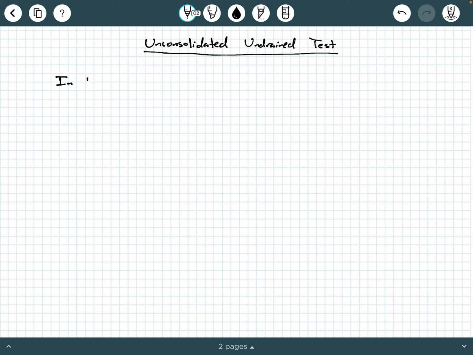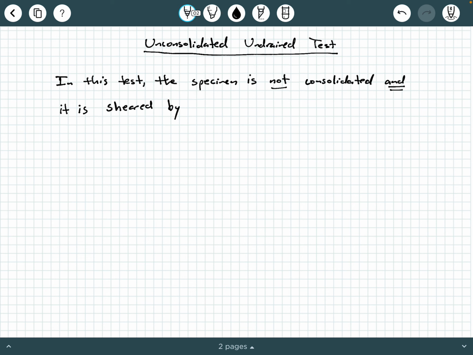So in this test, the specimen is not consolidated and it is sheared by applying the deviator stress in undrained conditions.